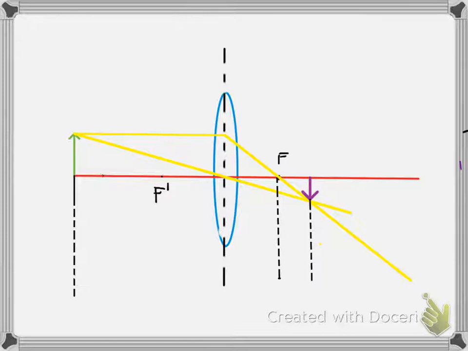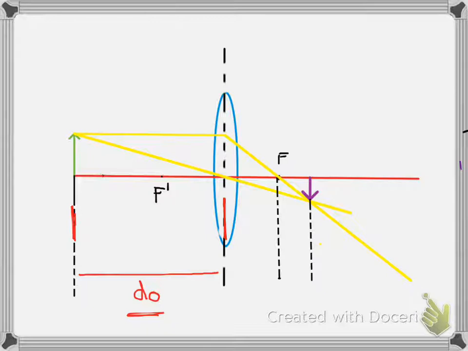So the first area is this distance here, and this is going to be called the distance of the object, and the distance of the object is from the center of your lens to where your object's located on the principal axis. So that's called dO, or d subscript O, for the distance of the object.